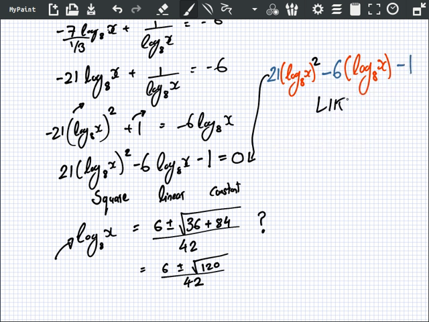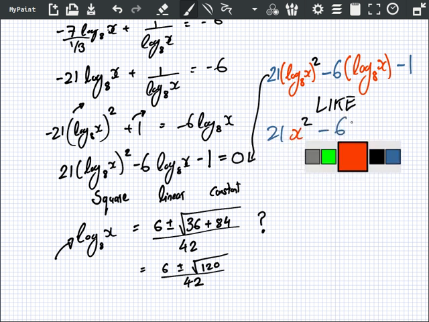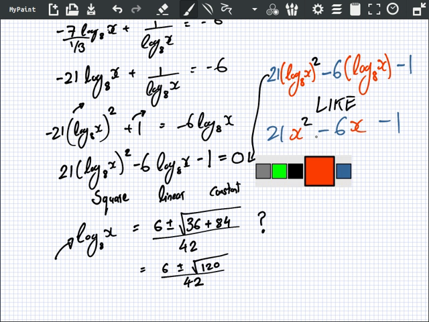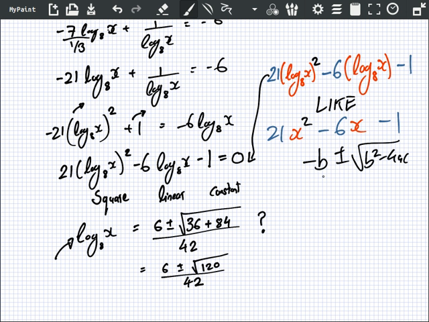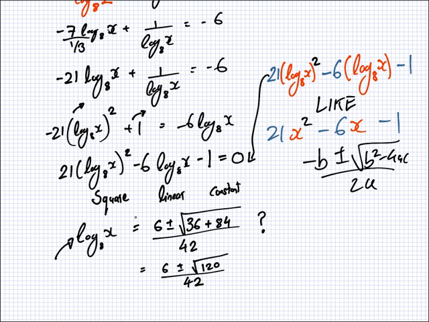This is like 21x squared minus 6x minus 1. So I can use this formula, except it's not x, it's log x. That's what this is. It's log x quadratic, not x quadratic.